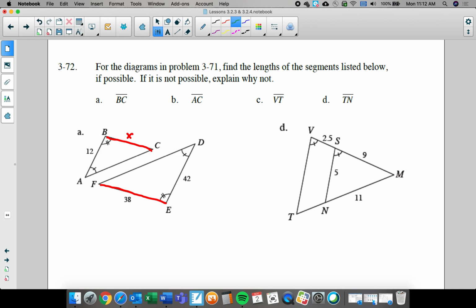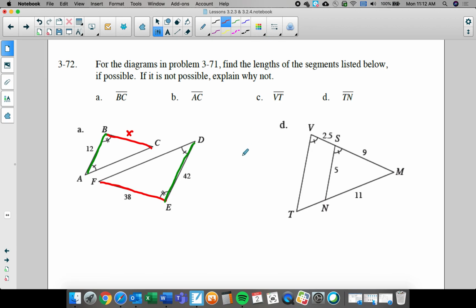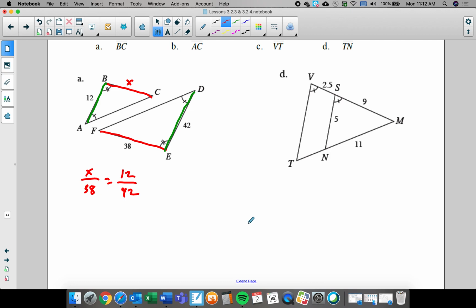And then the 12 from this first triangle would match up with the 42 from the second triangle. Again, I know that because that side length is between the angles that have markings, and so is the 42. So now I can set up my equal ratios. Let's say X over 38 equals 12 over 42, since I started with X in the first one. Now we cross multiply.